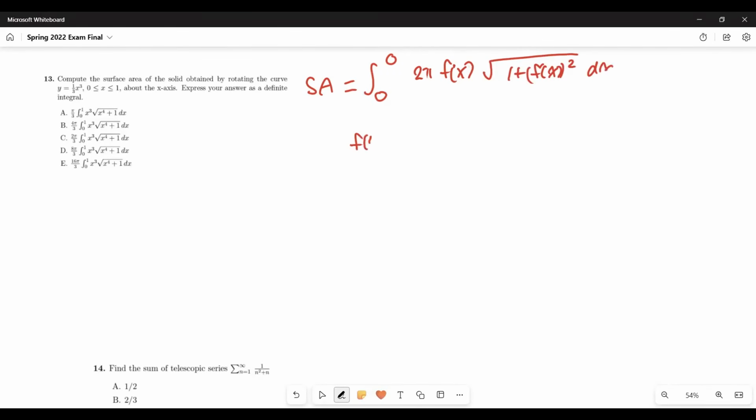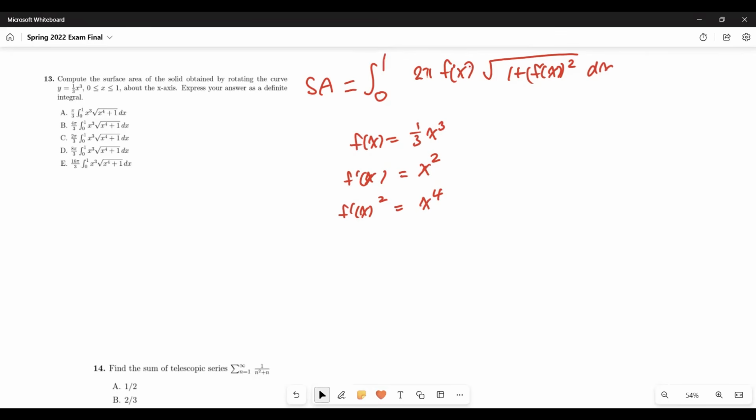In our case, f of x is 1 over 3 x cubed, and f prime of x is going to be x squared, right? So f prime of x squared is going to be x to the fourth. And the bounds are from 0 to 1.